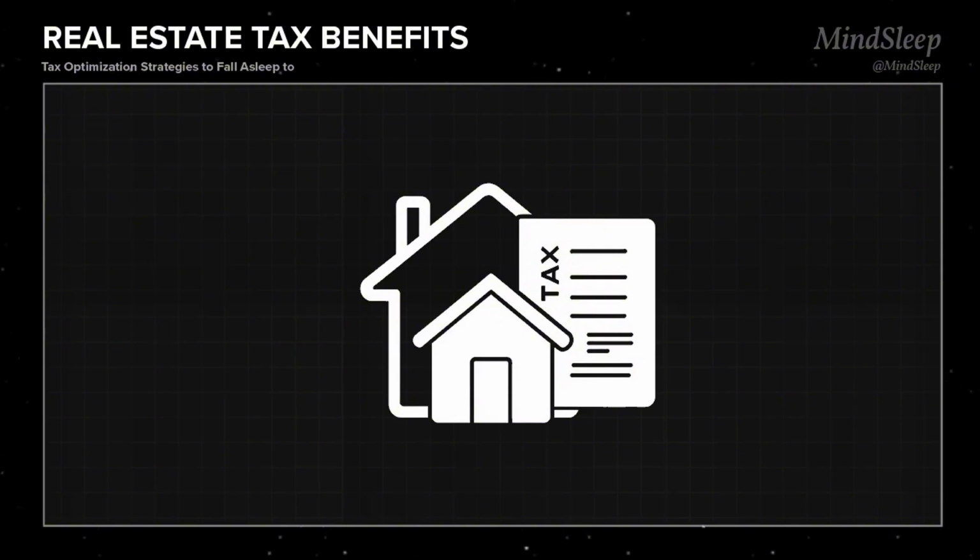In our next segment, we'll explore how to navigate the complex landscape of retirement taxation, building on the principles of strategic planning and long-term thinking we've discussed in the context of real estate.